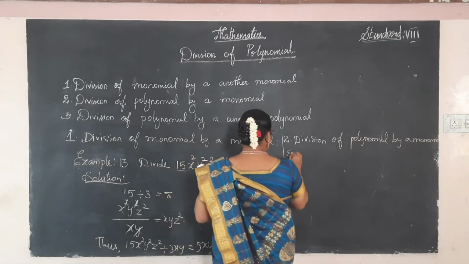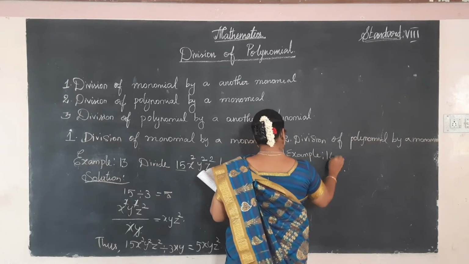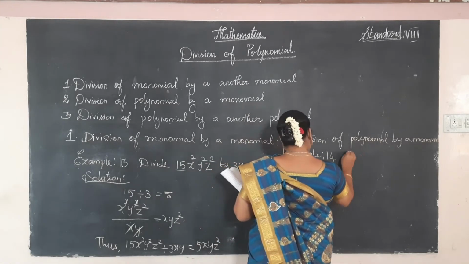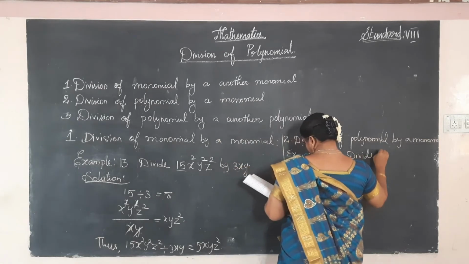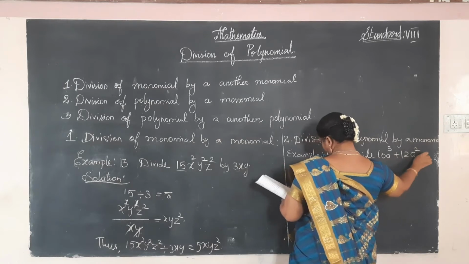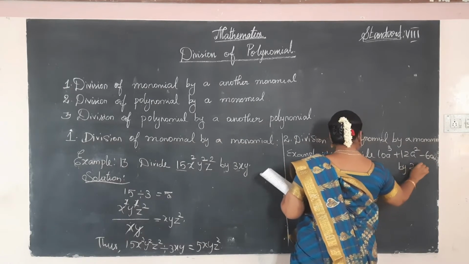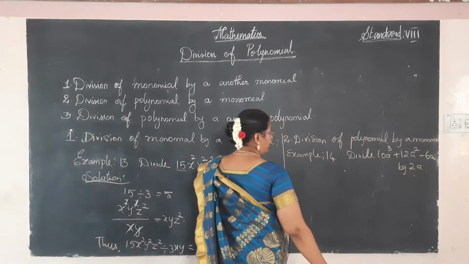See the example 14. Divide 10a cubed plus 12a squared minus 6a by 2a.